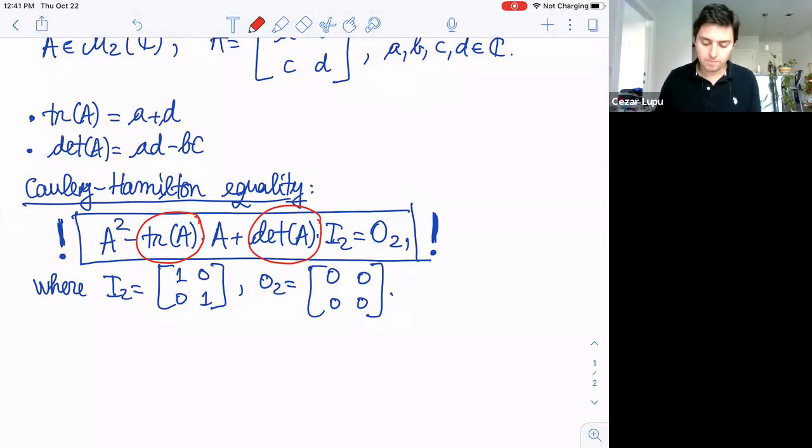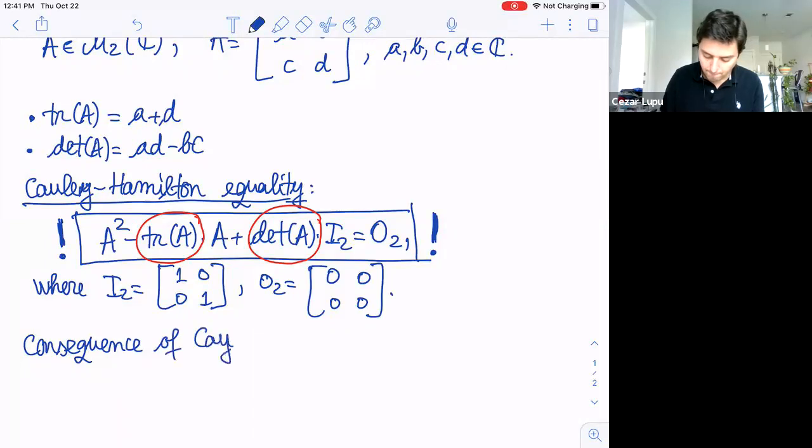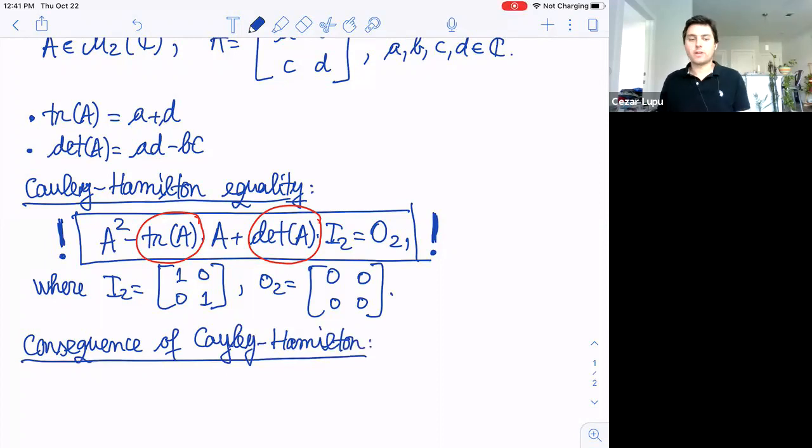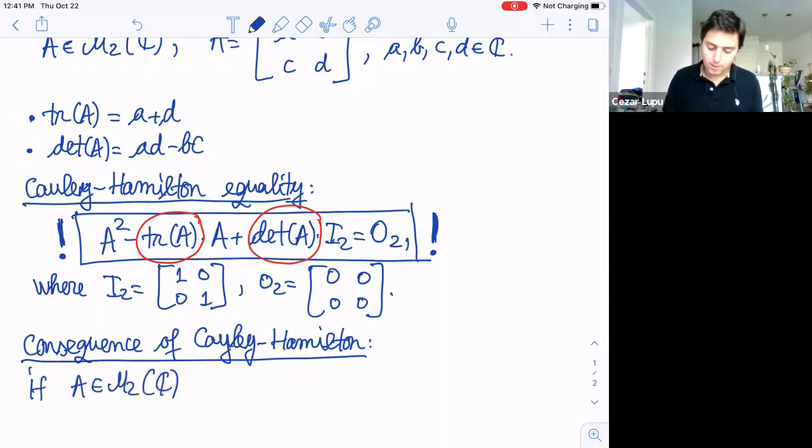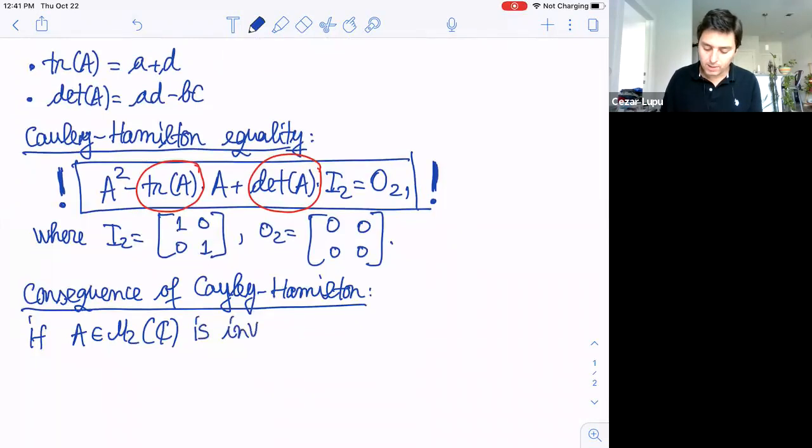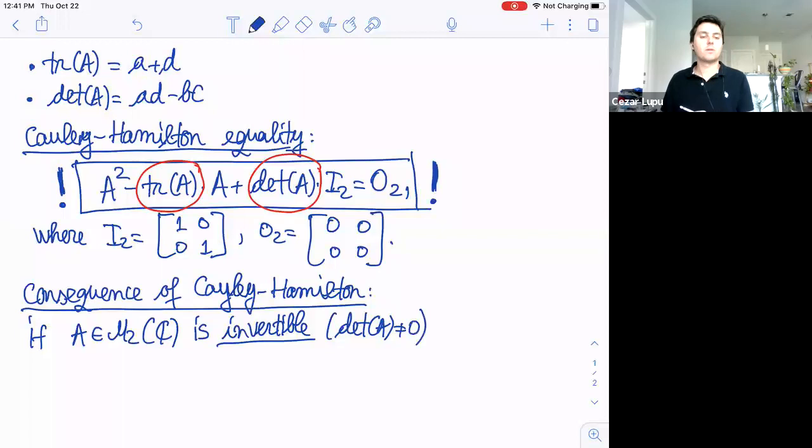From Cayley-Hamilton, one can infer, as a consequence, and this is just a matter of computation, the following. For example, if A in M2 of C is invertible, and when I say invertible, I mean that the determinant is non-zero, we can always compute the inverse.